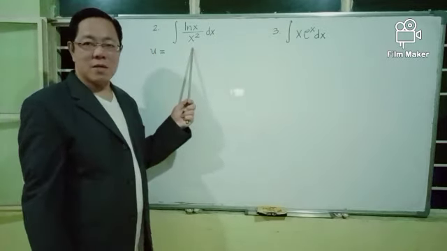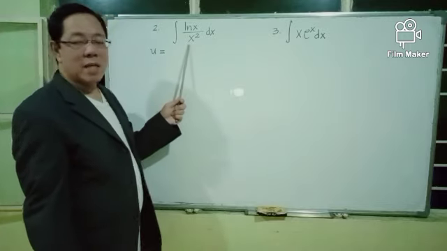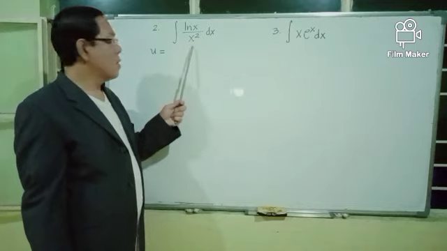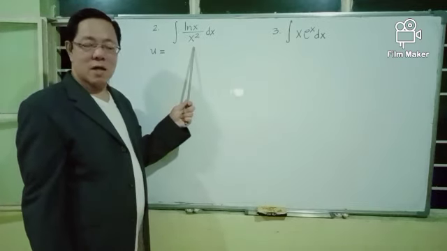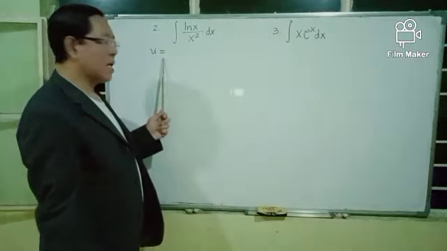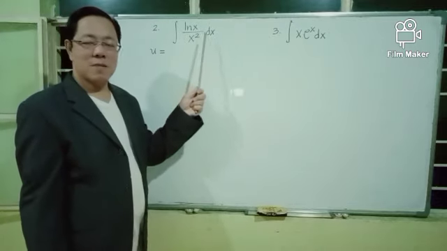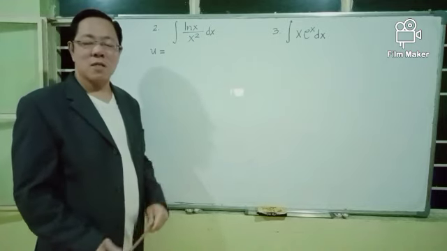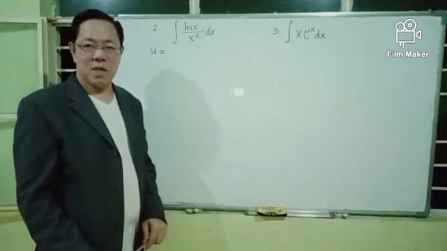In the given integrand, you may let u be equal to 1 over x squared, or you may let u equal x squared, or you may let u equal ln x. The remaining expression, including dx, will be your dv.